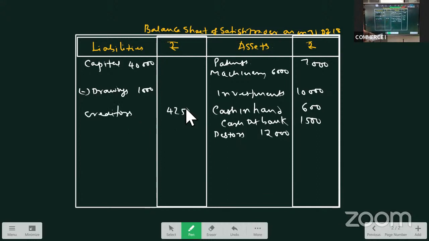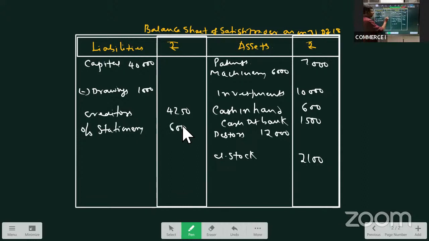Then additional information. Closing stock will appear once in the trading account and once on the asset side of the balance sheet, 2100. Outstanding printing means it is the amount due which we have not paid. So that is a liability. Outstanding stationery is also an amount due which we have not paid. It is a liability.